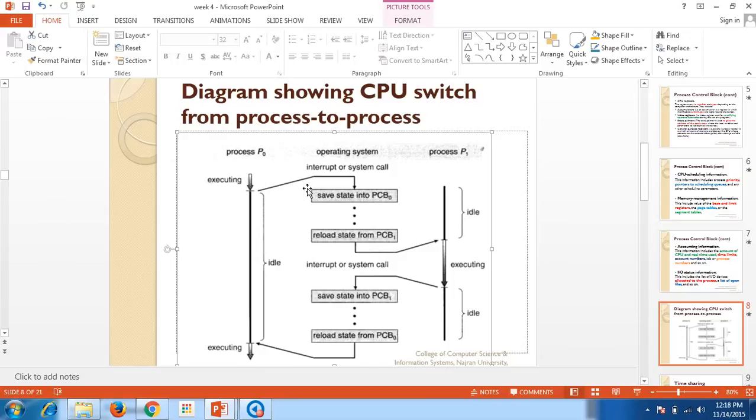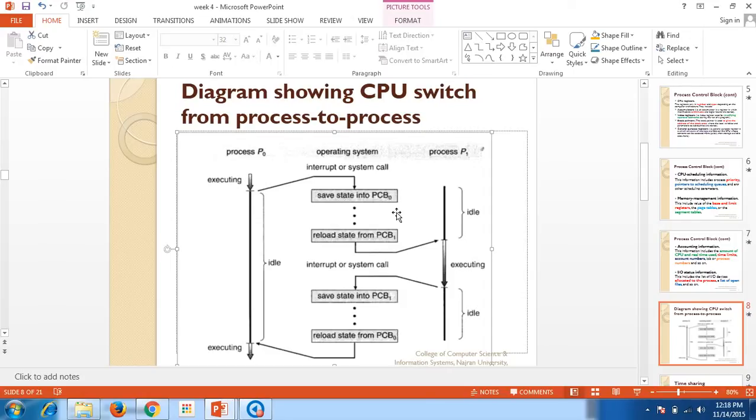If you see this arrow, it is giving control back to the operating system. But when we give control back to the operating system, it is very important to store the state of process P0. So we will store the state of process P0 into the process control block.